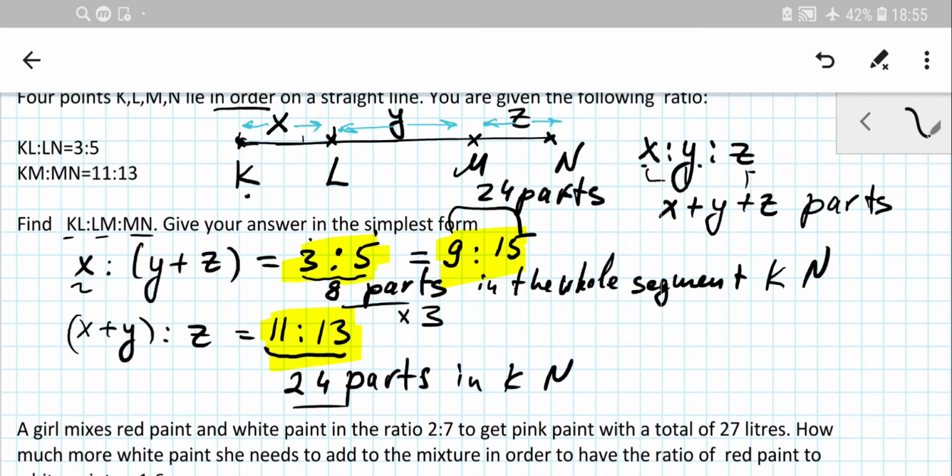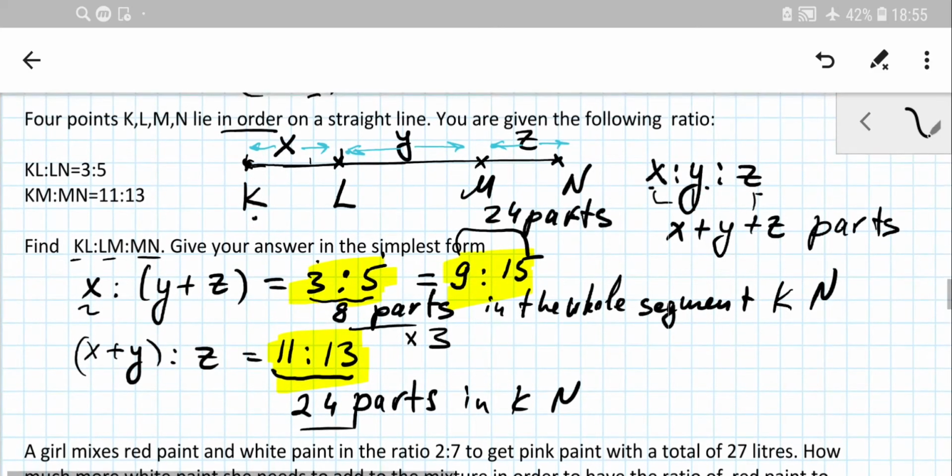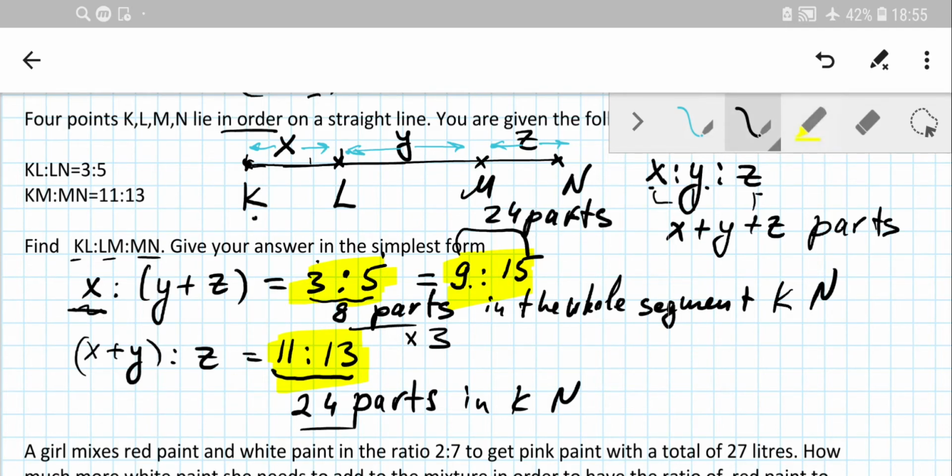What stays for X? For X, we have 9 out of 24 parts using this ratio, because X is related to Y plus Z, and in total we have X plus Y plus Z parts, the whole segment.